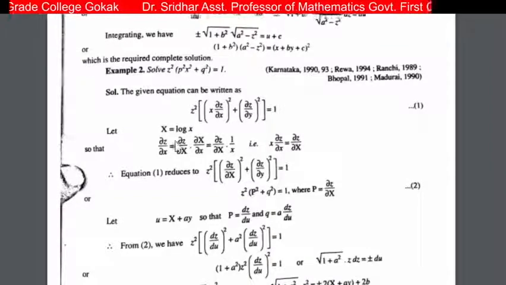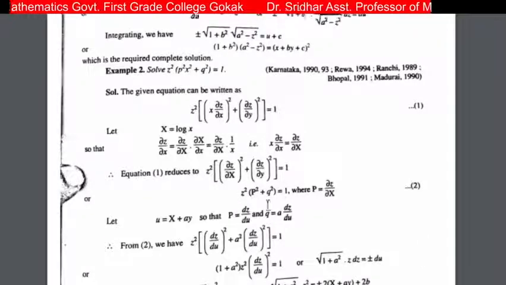To bring this into standard form, we made the substitution capital X equal to log x. Here x was appearing, but now x disappears, and therefore this is in a standard form.